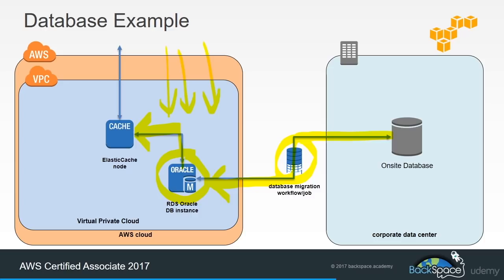If the information required is located inside the cache, it will just be sent back. If it's not, then that request will be forwarded on to the RDS instance. And that greatly reduces the load on our RDS database or our RDS server, and it provides really high speed, low latency access to our data for our users.